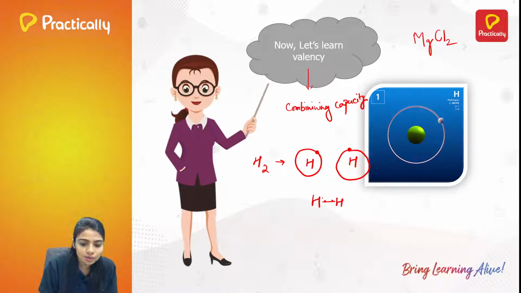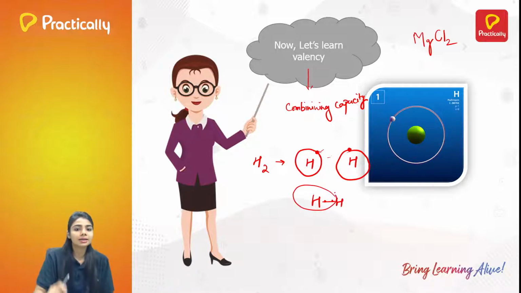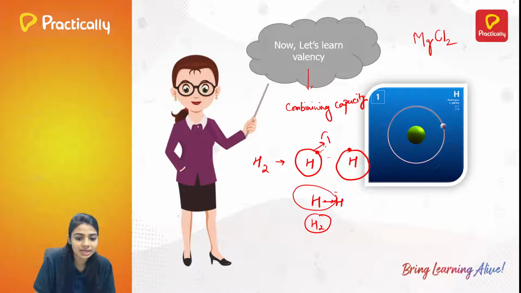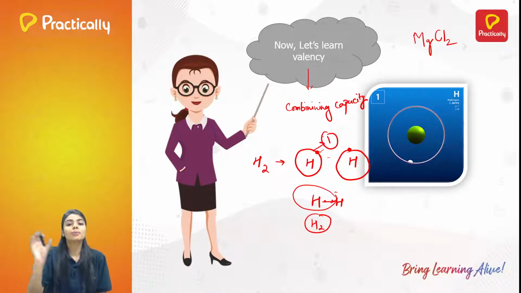So here you can see this hydrogen has only 1 valence electron. If it shares this electron with the other hydrogen, then it will have 2 valence electrons and its duplet is completed. Then H2 is formed and this is the valency of hydrogen. That means it gives its 1 electron to become stable.